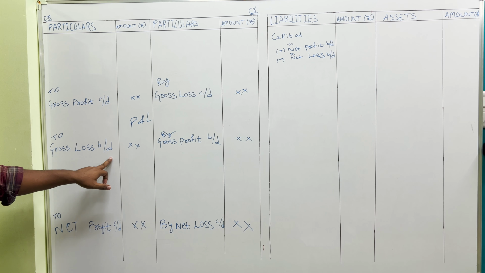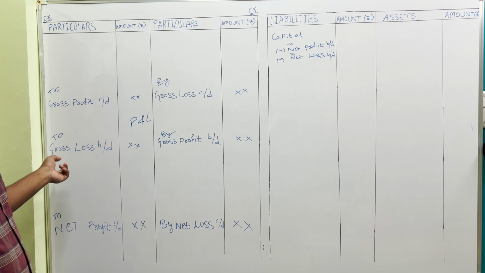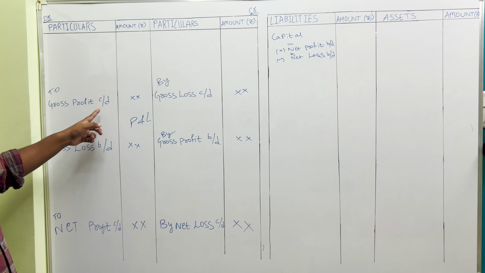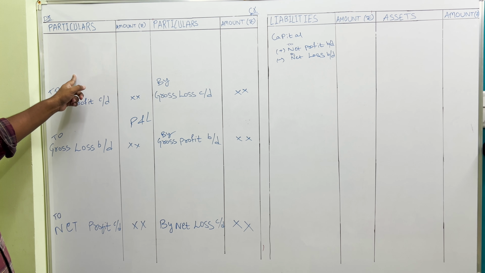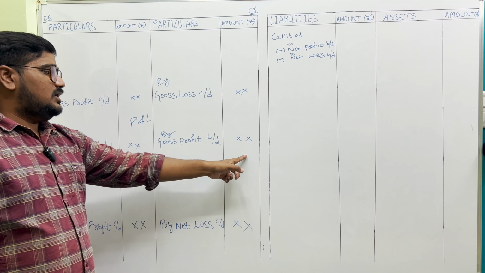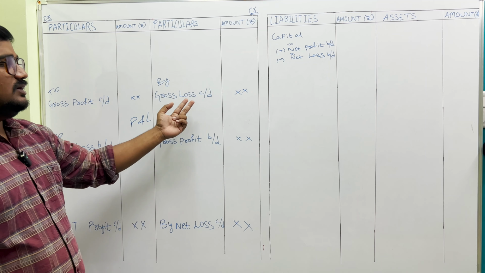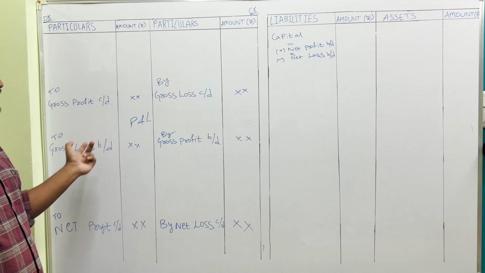Gross loss brought down. Here it is carried down, here it is brought down. And next, if we get gross profit carried down in the trading account, it would be gross profit brought down on the P&L account credit side. If we get the balance here, it comes here.